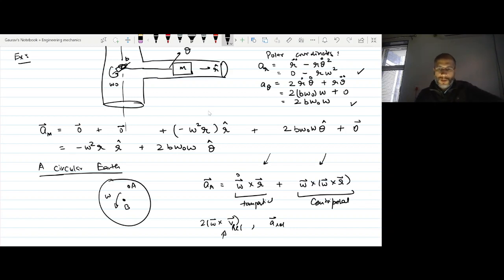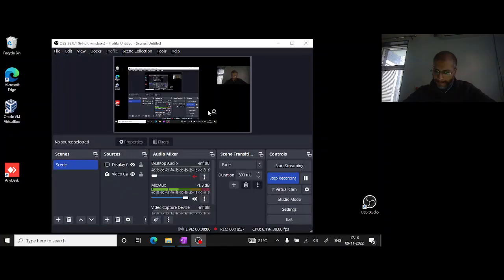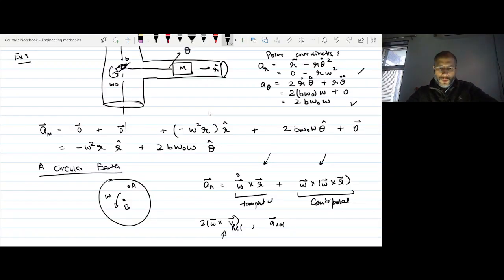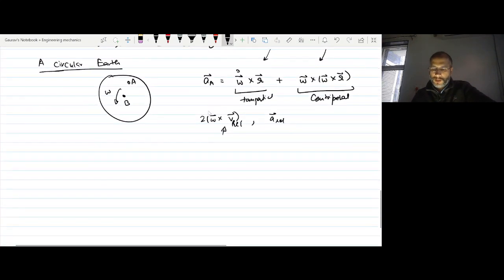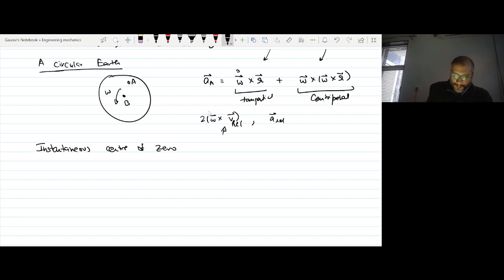Okay, so one last discussion point here, which is called the instantaneous center of zero velocity. Well, you already have an idea of this from the rolling without slipping situation.